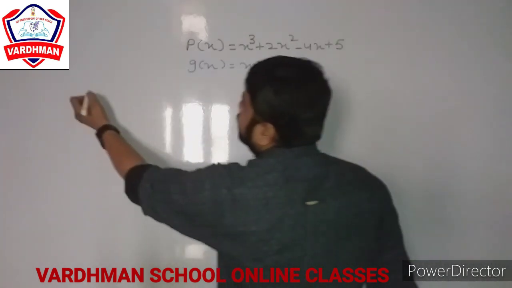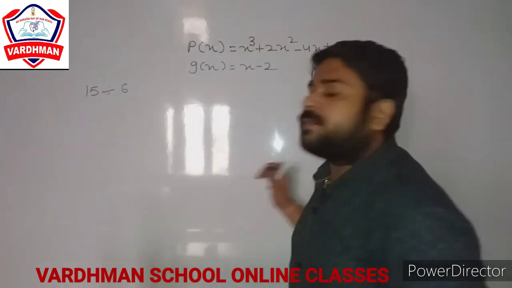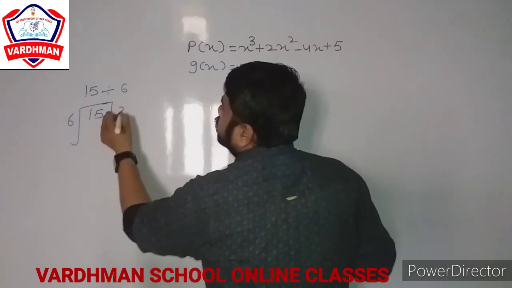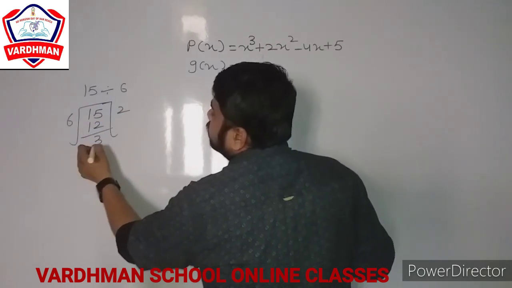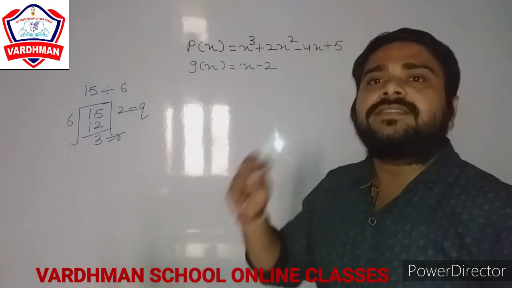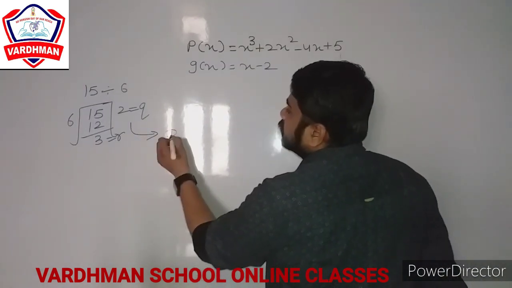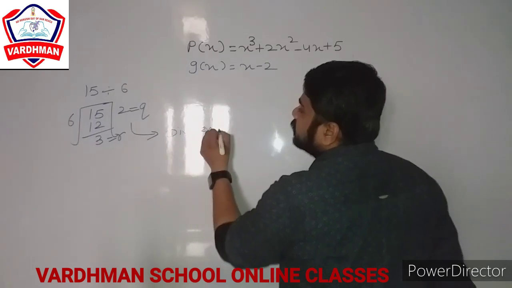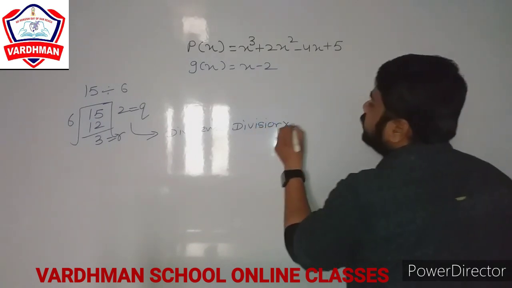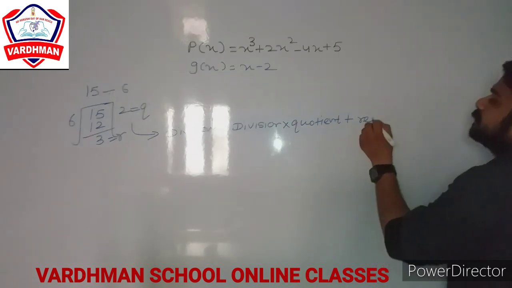Just take an example, 15 divided by 6. If we divide 15 by 6, then 2 times 6 is 12, and 3. So this one is the quotient and this one is the remainder. So we have to write: dividend is equal to divisor into quotient plus remainder.